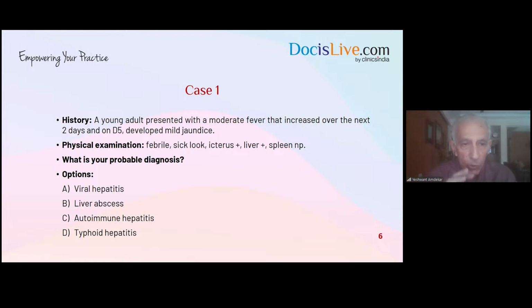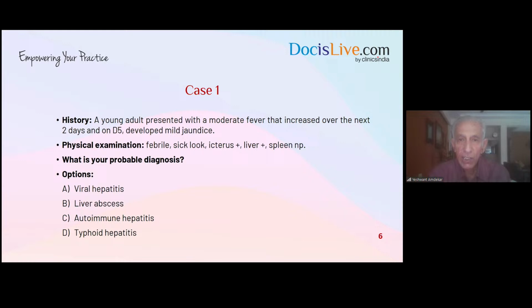But I'm happy you all came out with some infection, but this is one difference between a primary infection of the liver and a secondary infection which is outside the liver but affects the liver. In typhoid, the infection is in the intestine, but it affects the liver. Extrahepatic infection.